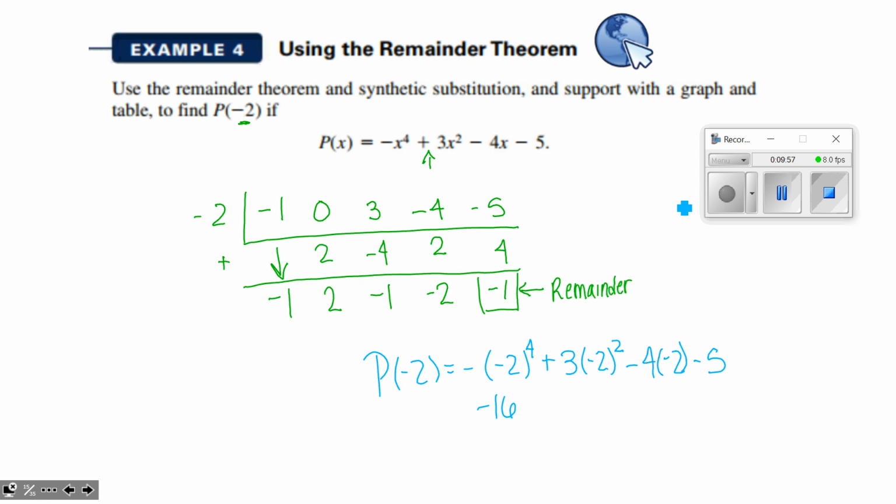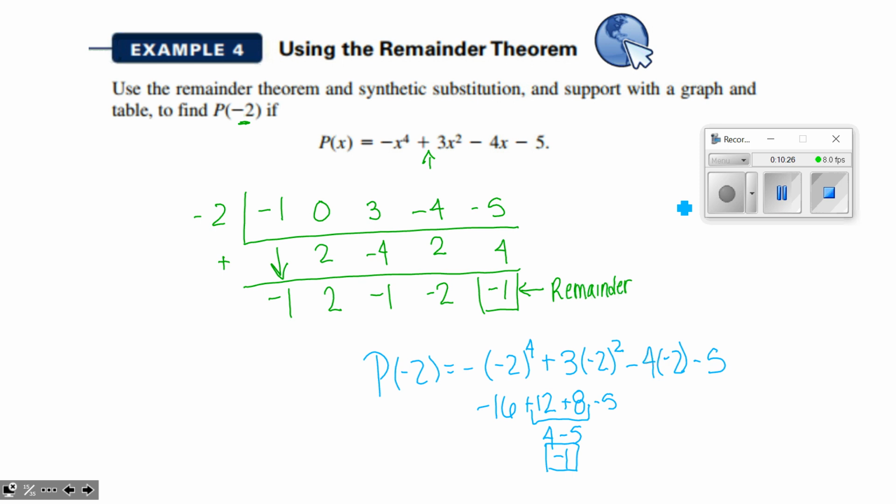Negative 2 squared is 4 times 3 is 12, so plus 12. Negative 4 times negative 2 is a positive 8. And then I have a negative 5. So I'm thinking about this being a 20 right there. Negative 16 plus 20 is 4. So 4 minus 5, I get negative 1. Notice I get the same thing when I plug it in as I get the remainder.